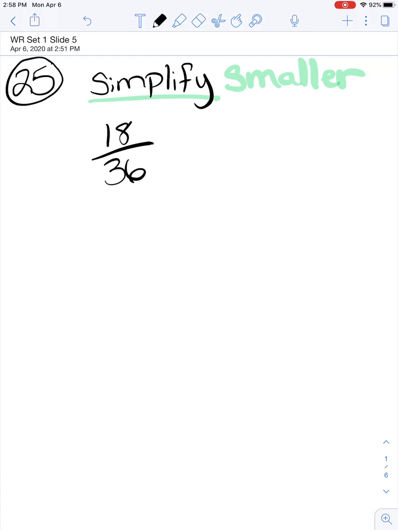So you could just start by saying, okay, well, I know 2 does because they're both even numbers, or you could list the factors for both. So let's go ahead and list the factors. For 18, we have 1 times 18, 2 times 9, 3 times 6.